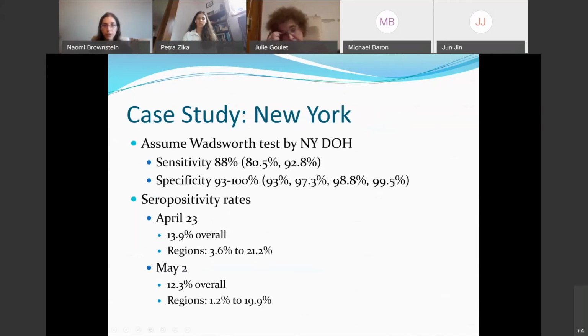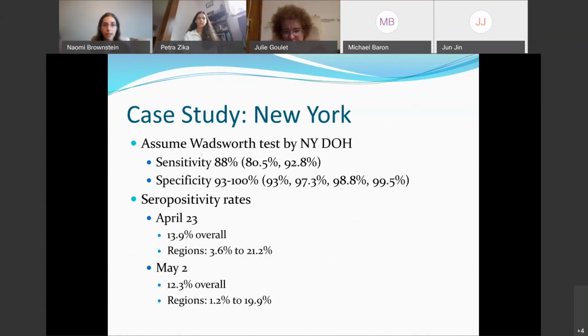So then we looked at New York. We thought this was an interesting test because they reported by region, and the rates varied for the state overall, and certain industrial areas that were very heavily populated, hotspots, and then some more rural areas that were not as well affected by COVID, and so they had much smaller seropositivity rates.